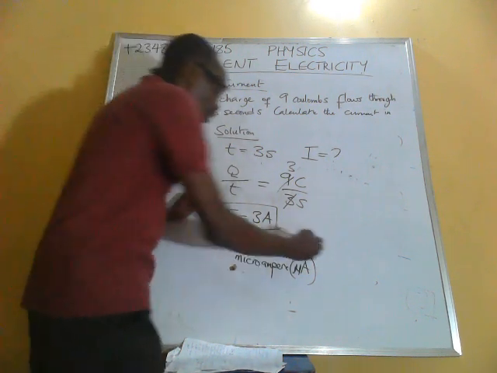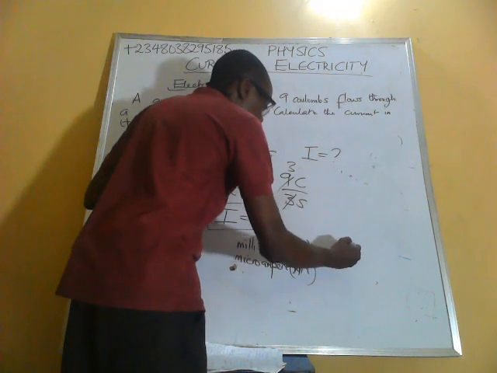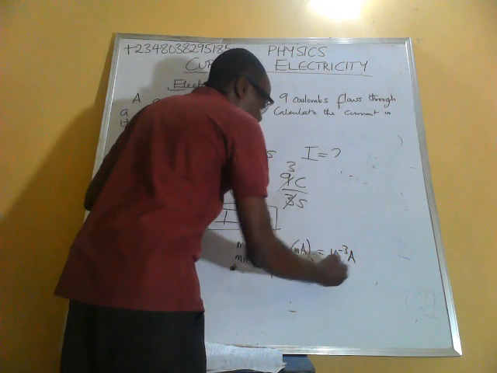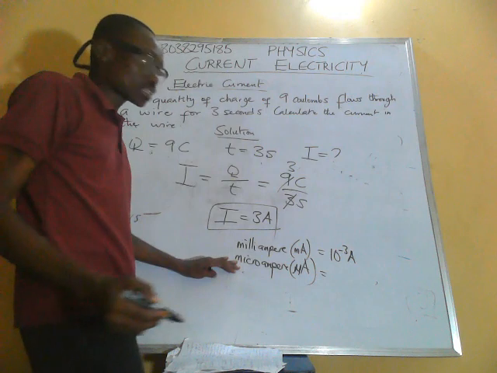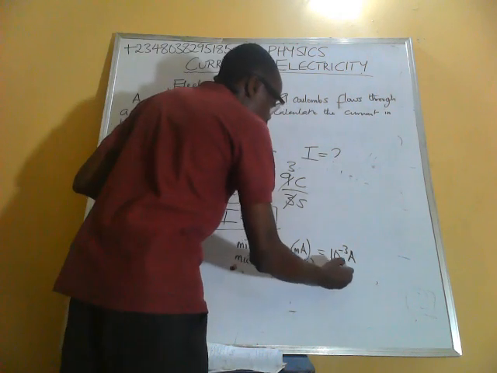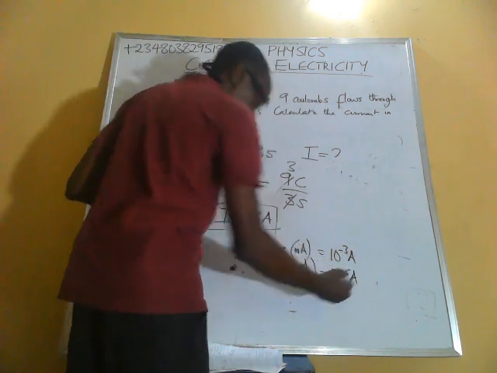Milliamperes means 10 raised to the power minus 3 of an ampere, while microampere stands for 10 raised to the power minus 6 of an ampere.